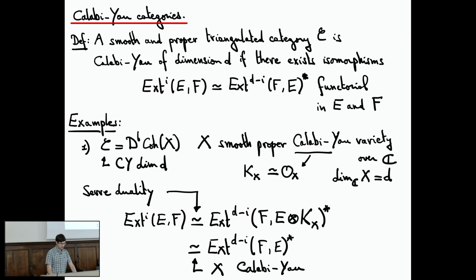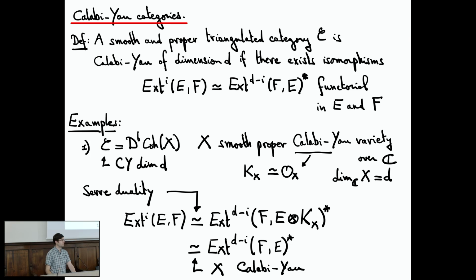Now I want to say something about the Calabi-Yau condition. Maybe I should start with the example before the definition. In algebraic geometry, there is a classical notion of a Calabi-Yau algebraic variety. It's an algebraic variety which has trivial canonical line bundle. So if X is my variety, let's say smooth and proper, then I have the canonical line bundle, which is a top exterior power of the cotangent bundle.